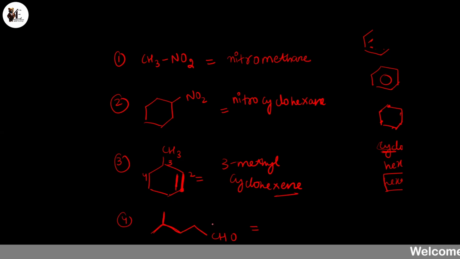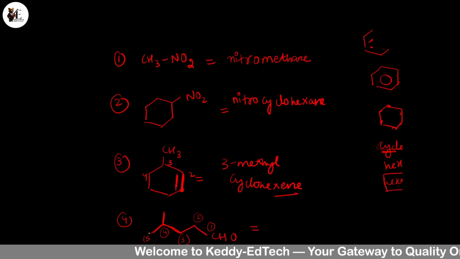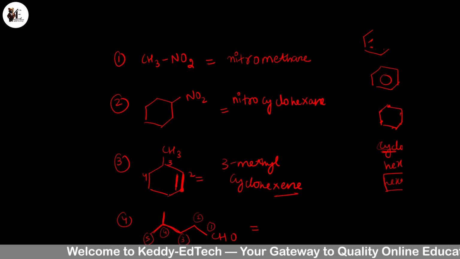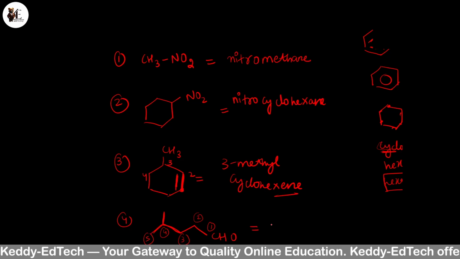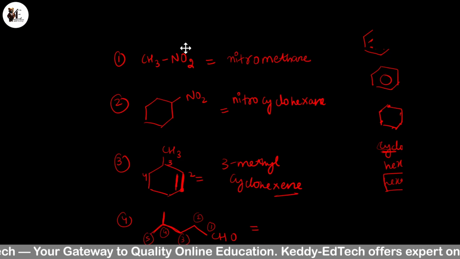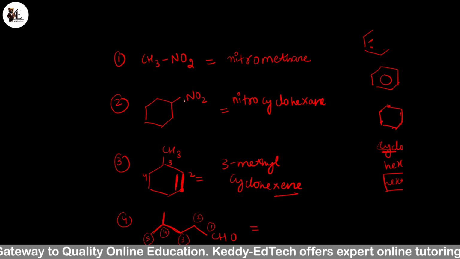So this is 1, 2, 3, 4, 5. So what should be its name?